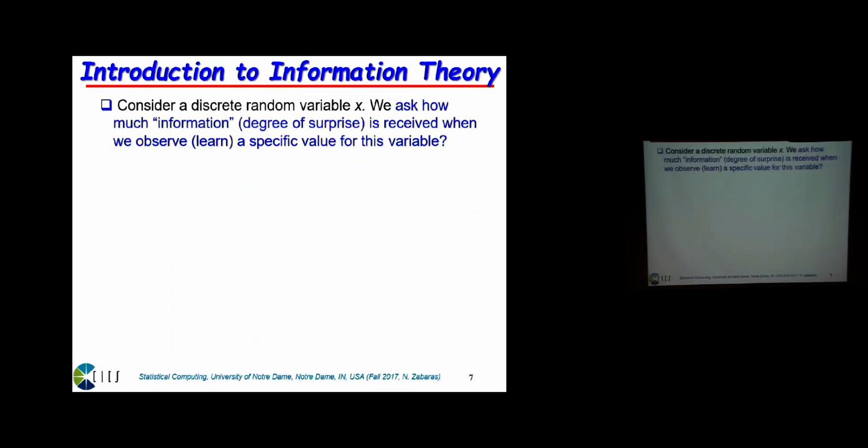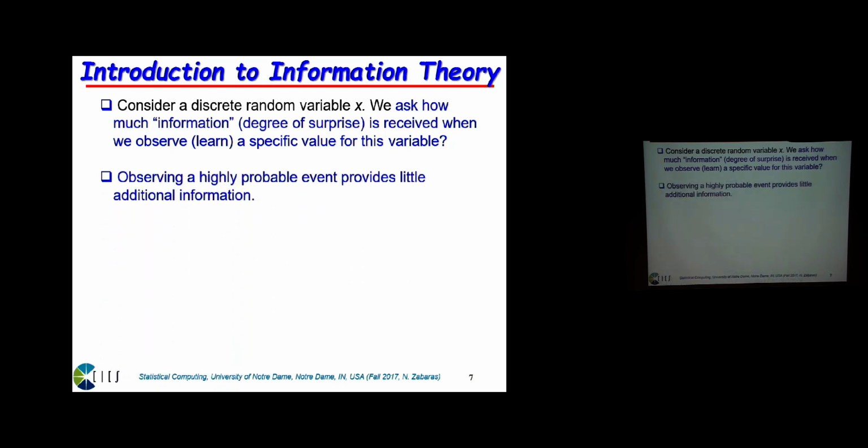So we want basically to have some measure of quantifying what is called information, and we can use the interpretation of degree of surprise when we learn the value of some variable x. So what is the degree of surprise on learning that? Obviously we want this to obey the following.